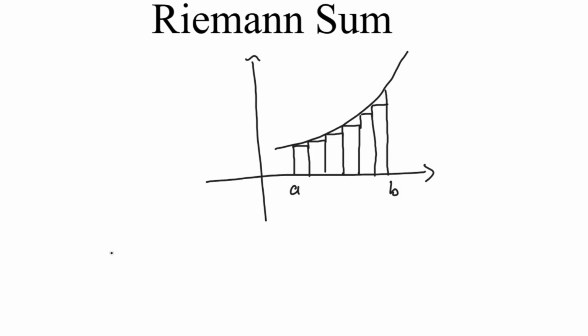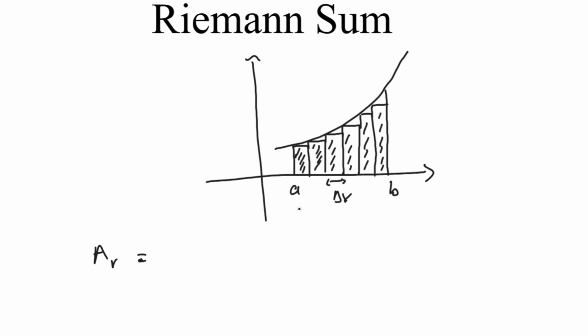Okay, so for the area of the rectangles, all of them have the same width, and the height is f of x. So this is the first rectangle, right? We calculate the area of this first rectangle, and we add it to the area of the second rectangle, the third one, the fourth one, the fifth one, and the sixth one.